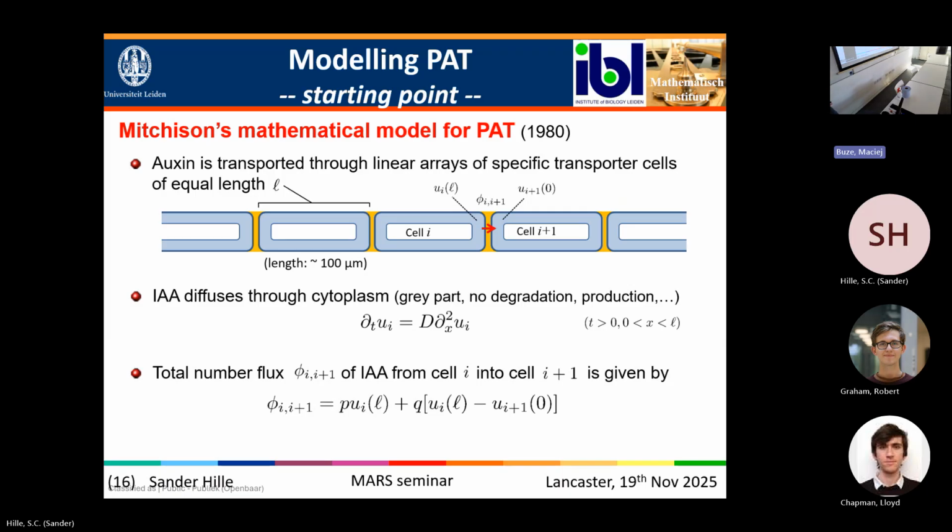And there are two parts in this. There's a diffusive, symmetric part, with parameter Q that will be relevant here. That's the strength of the diffusive aspect of the transport. And there is the asymmetric part, which is the polar part with the parameter P, and P determines the strength of that. The stronger P, the stronger the throughput in the end.